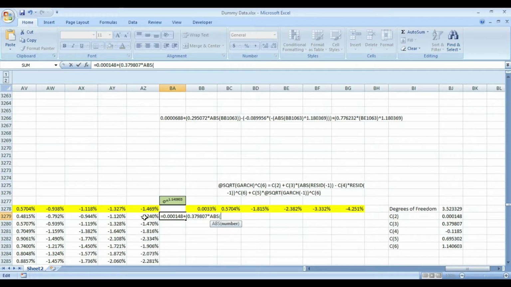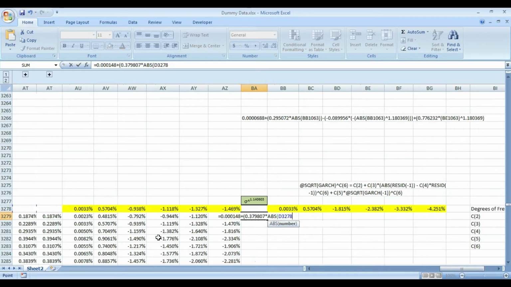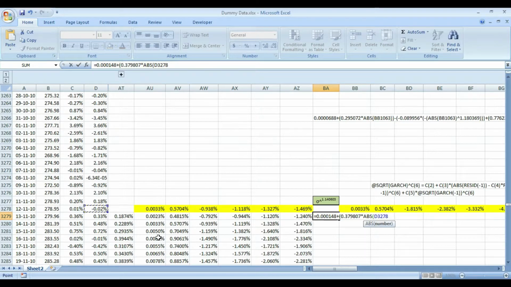So our t minus 1 residual is this one. Since this is the return, so this is the residual, right?